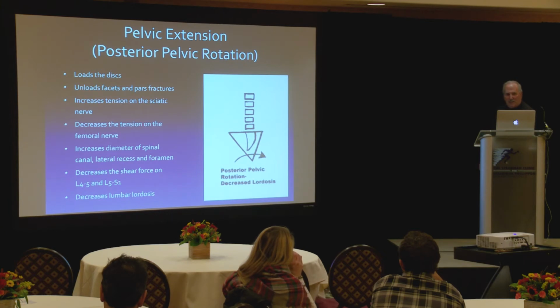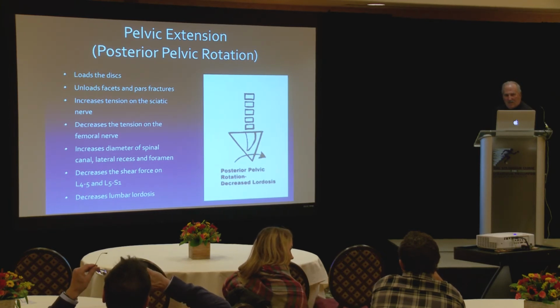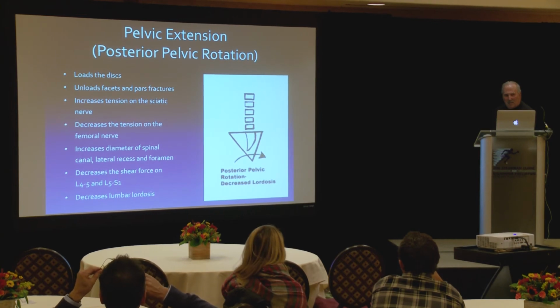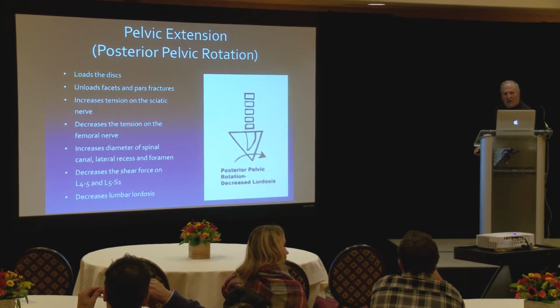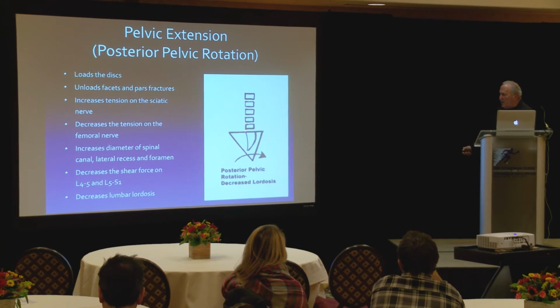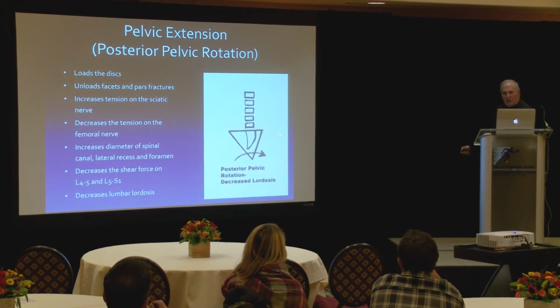Yes, ma'am? I'm confused. When you anterior pelvic tilt, aren't you lengthening the posterior, like the glutes and that? When you anterior pelvic tilt, yes, you are. Well, you're not lengthening the glutes. They're contracting. Wouldn't that tension the sciatic though? When you do something like this, this will tension the sciatic nerve when you posteriorly rotate.